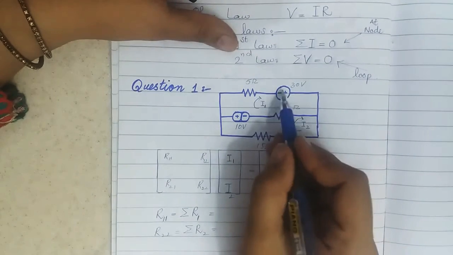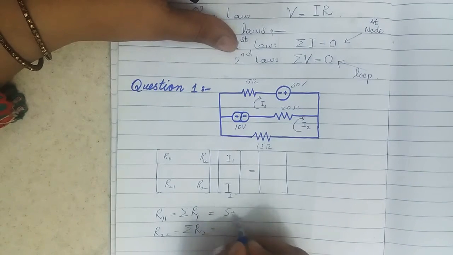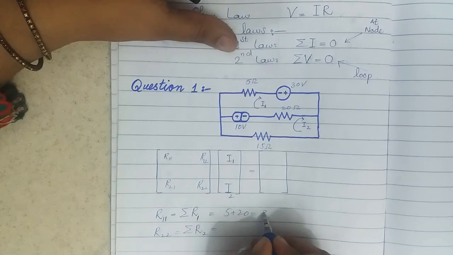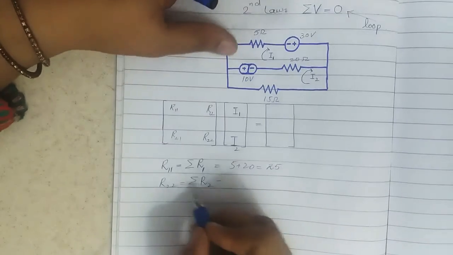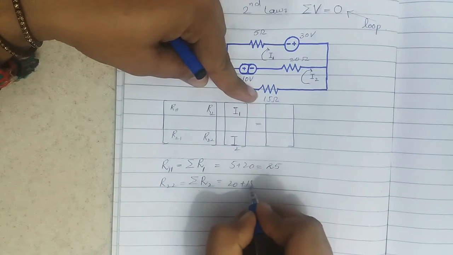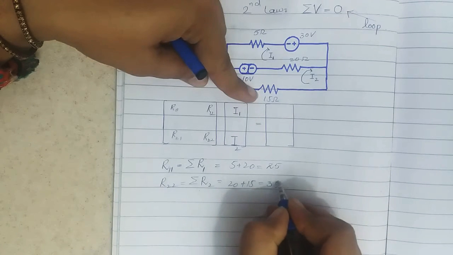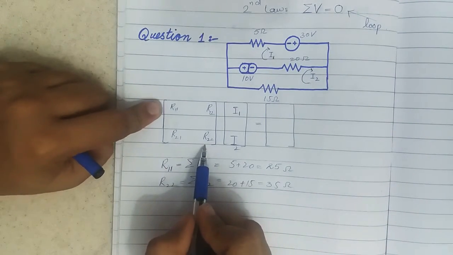In the first loop, resistance is 5 plus 20 is equal to 25. In the second, resistance is 20 plus 15 is equal to 35. So we have found R11, R22.